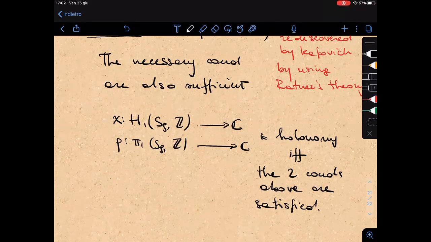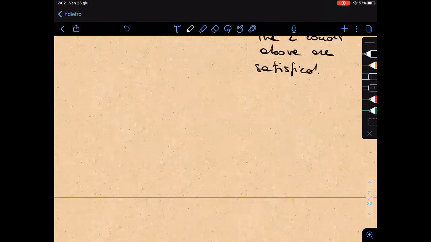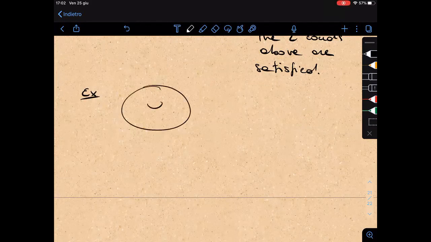Well, in this sense, let me now give you, we talk about some other examples. So suppose we have this torus, and let's fix some symplectic basis.